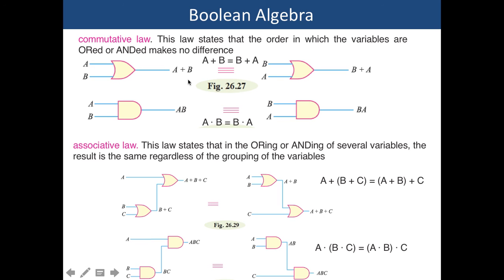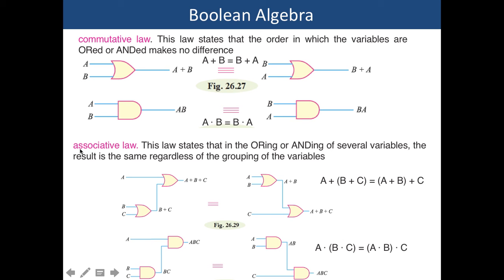So a plus b with inputs in the order b, a gives output b plus a. Similarly, the dot sign is the AND gate. With input AB the output is AB, and with input BA the output is BA.